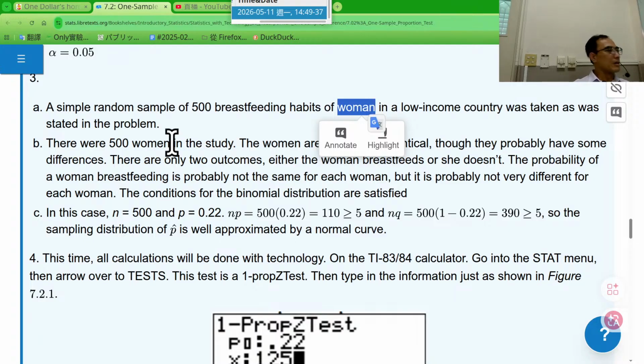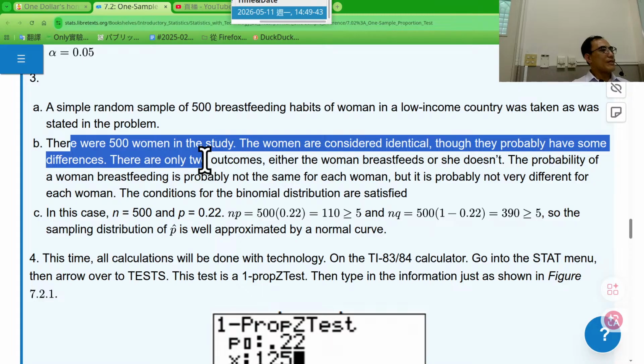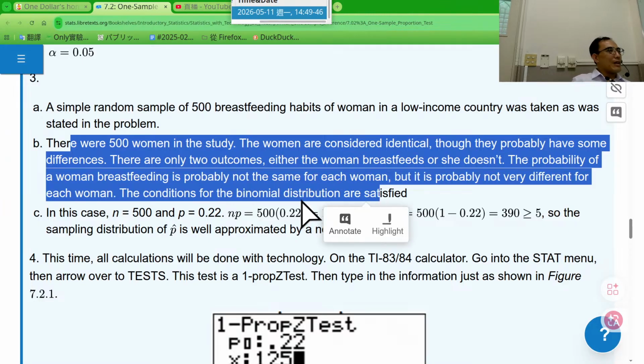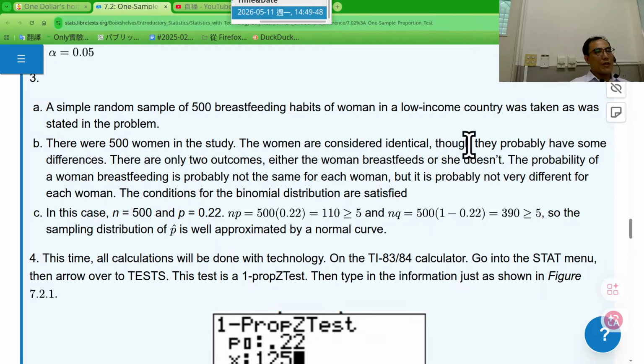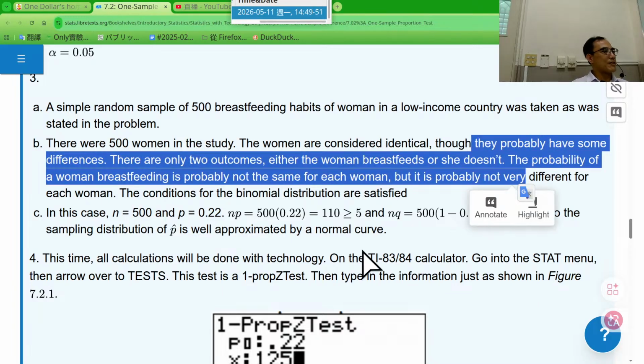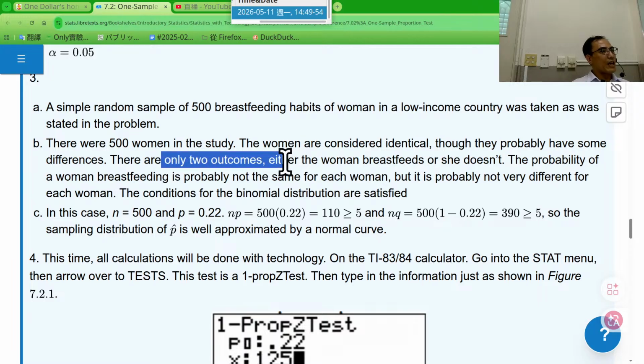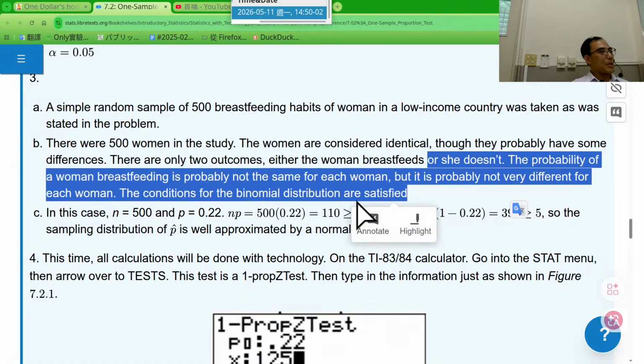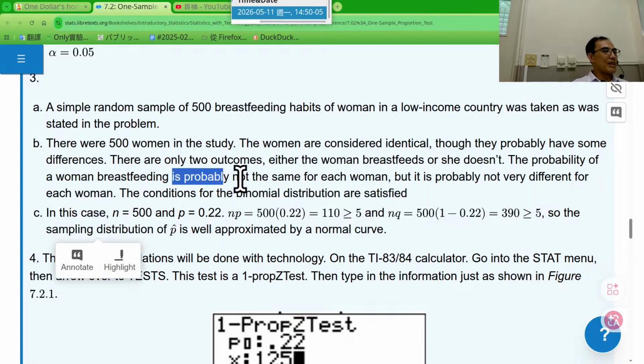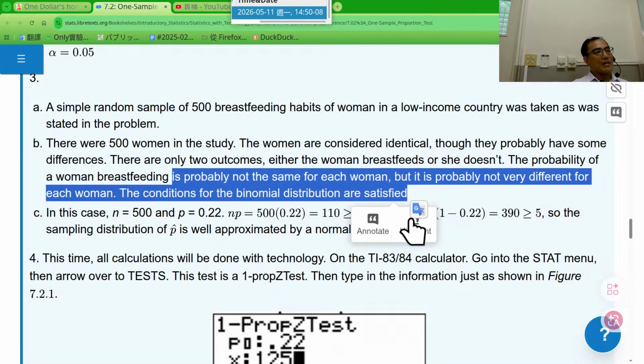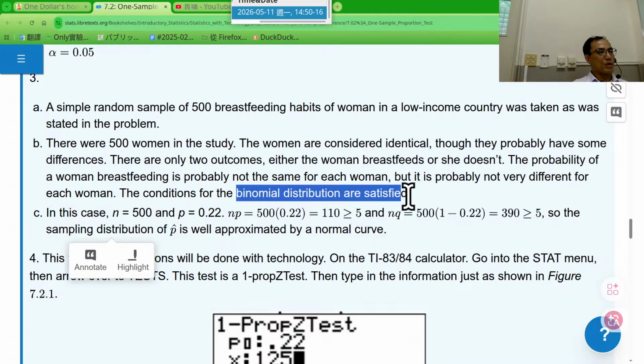The women in the study, we consider them identical, though they probably have some differences, and there are only two outcomes: either the woman breastfeeds or she doesn't. The probability of a woman breastfeeding is probably not the same for each woman, but it is probably not very different from woman to woman. The conditions for the binomial distribution are satisfied.